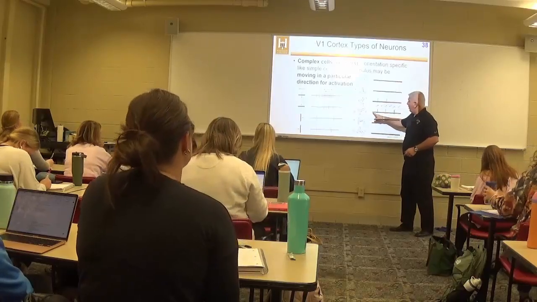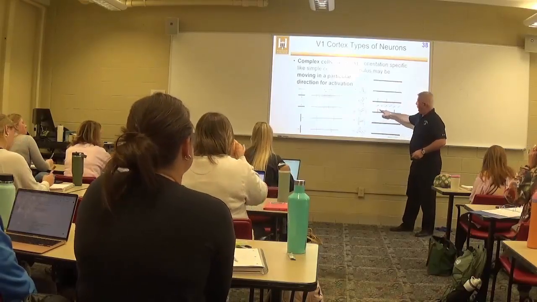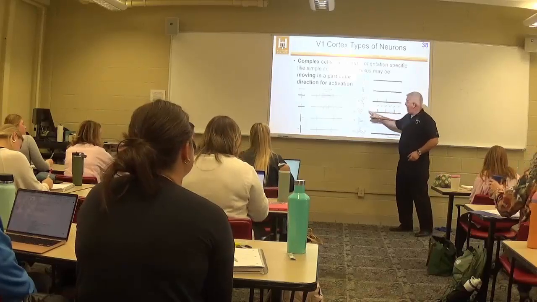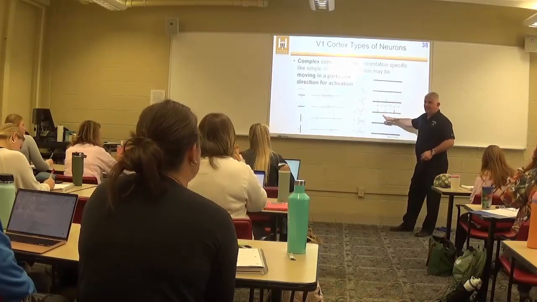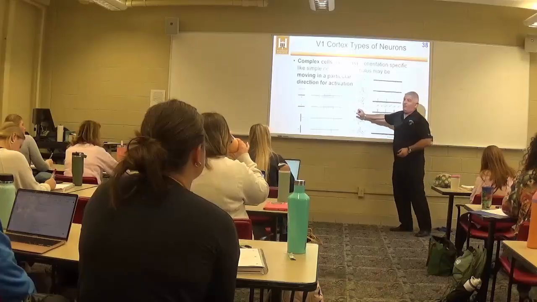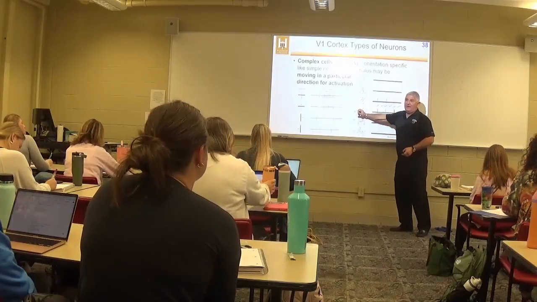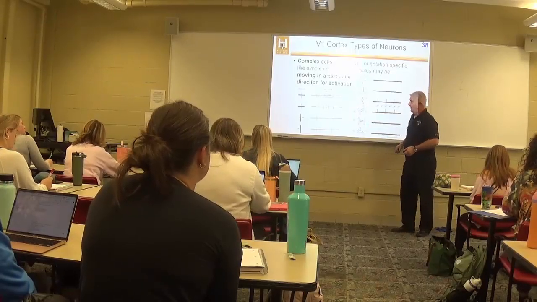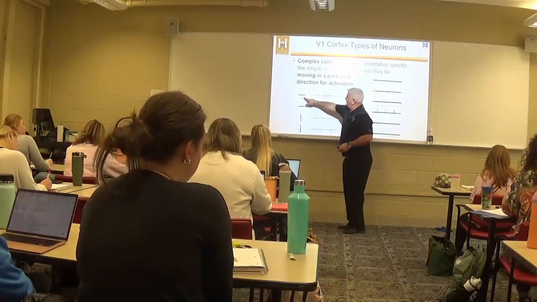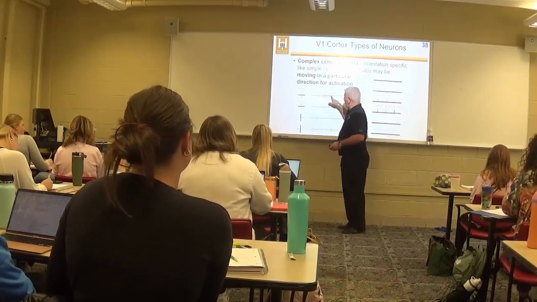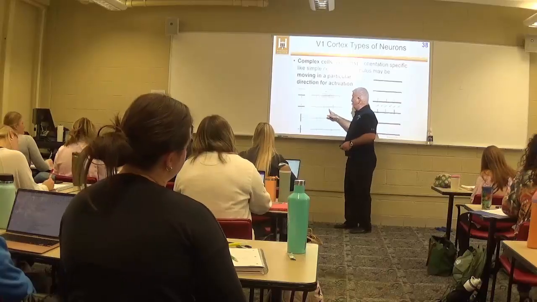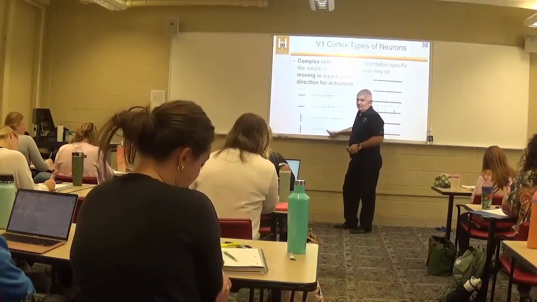But it's this angle only if it moves in an upward motion. If I move that angle in a downward motion, it's not active. So now we've coded for an angle of light that's moving in a particular direction. So here we see this one's coding for a horizontal moving down. If I take a horizontal and move it up, no response. No response if I change the angle.